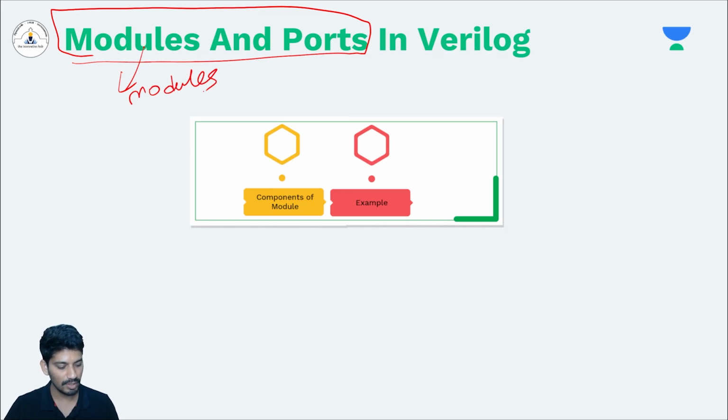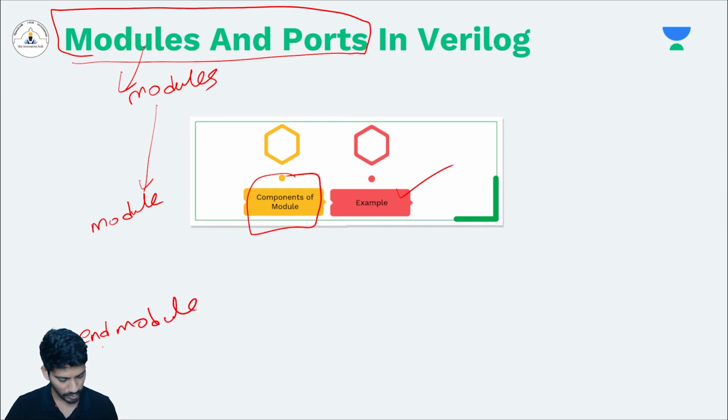So let's see what the different components present in a module are, and we'll see an example. The module definition always starts with the keyword module and ends with endmodule. There is no space between end and module. So remember, the module definition starts with module and ends with endmodule.